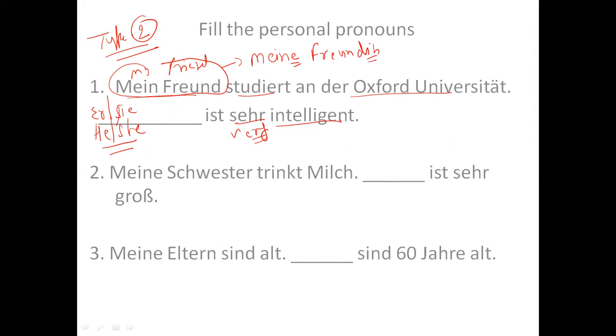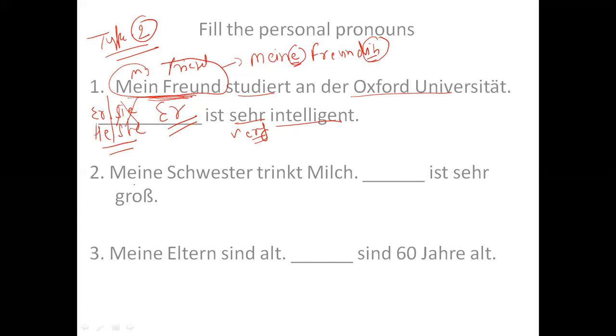Here I am talking about my male friend like Peter, Martin, Robert. But if I write meine Freundin, then it will be a female friend. So here answer sie is incorrect. Only er will be the correct answer.